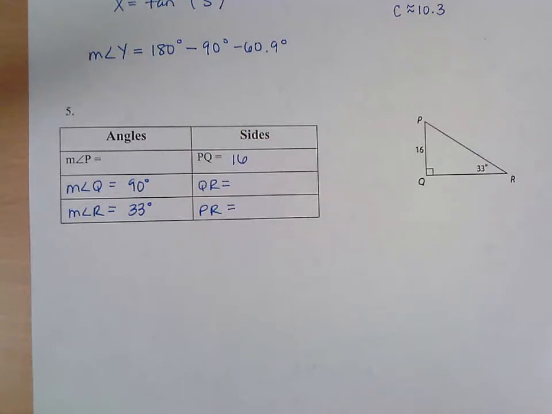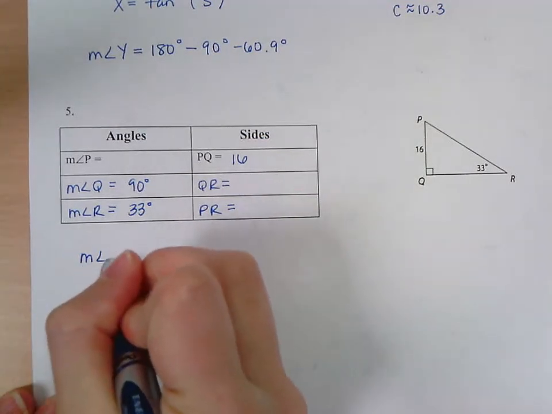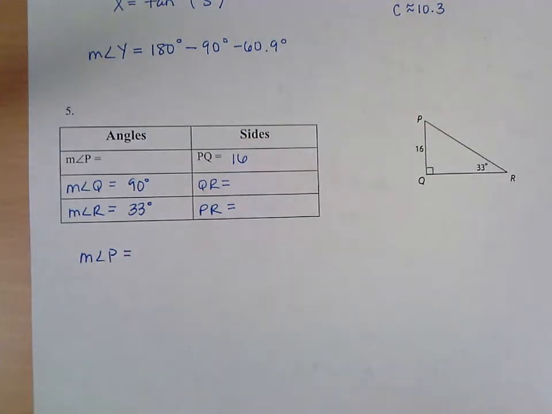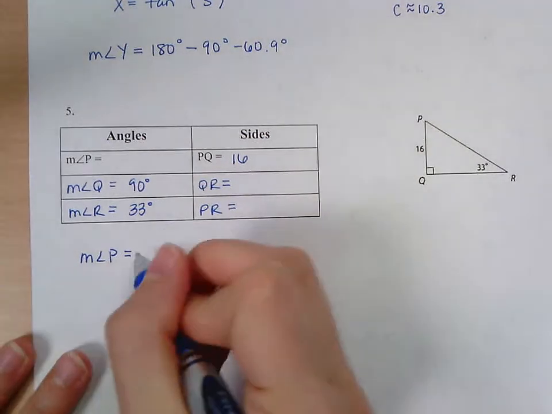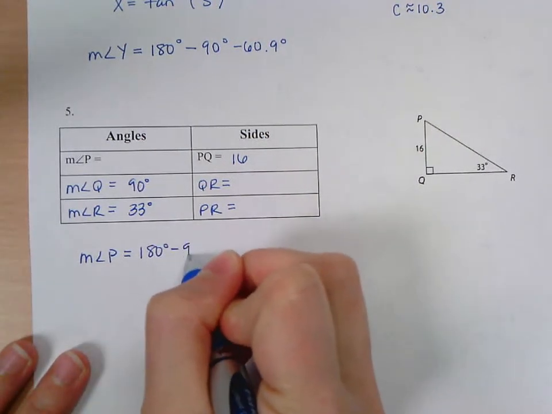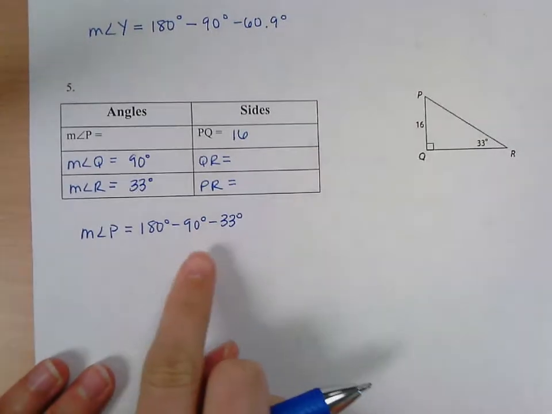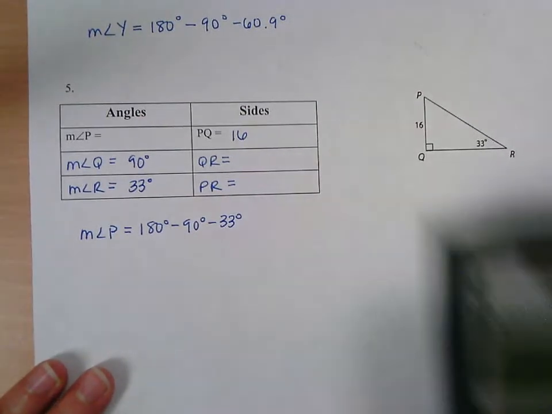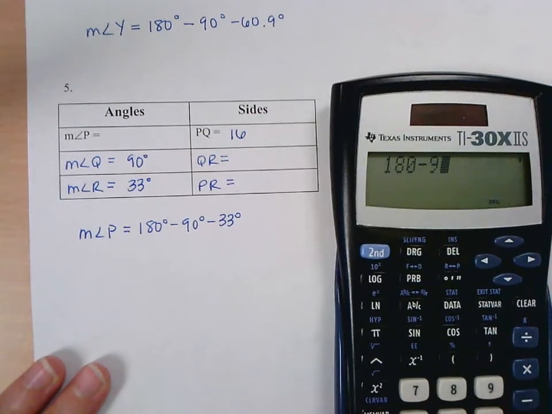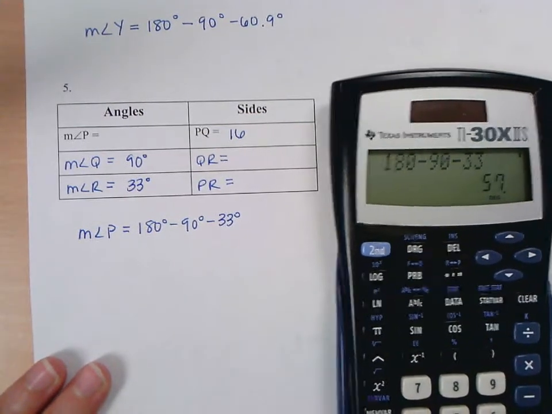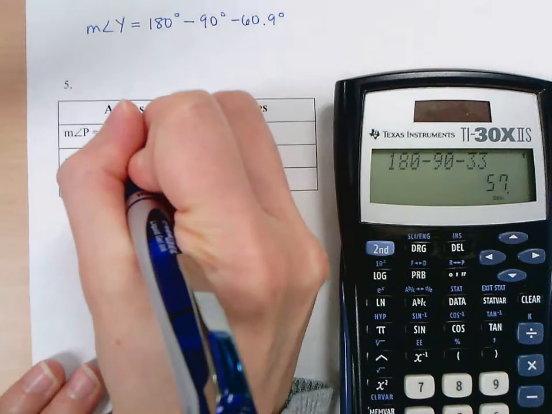Angle P. How do we find angle P? Yes, I have 2 angles, so I can find my third one by subtracting the other 2 from 180. So 180 minus 90 minus 33 means angle P is 57 degrees.